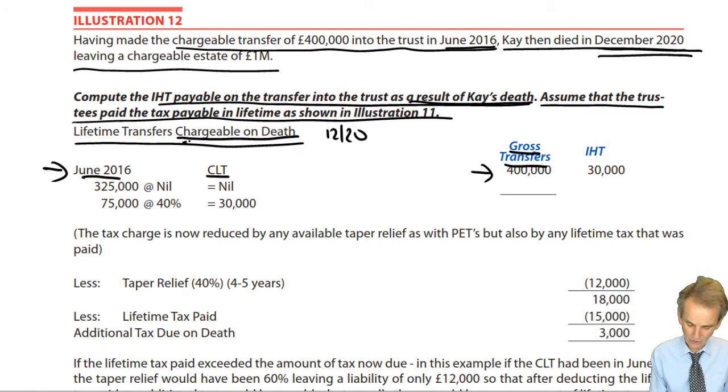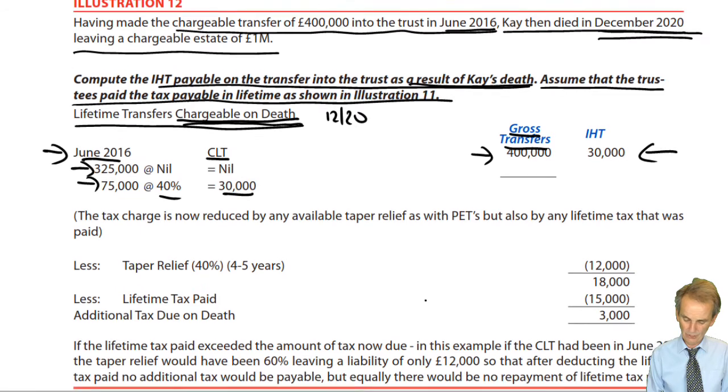On calculations of tax due on death, it's always the then available nil rate band that you use. That's 325,000, pushing 75,000 up into the 40% band, and that equals 30,000. So there's your first figure.